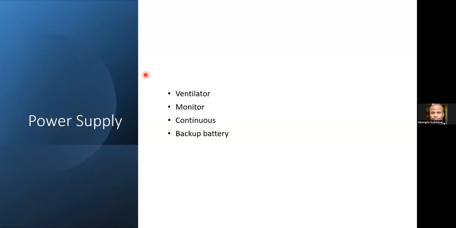So that is why an anesthetic machine should always be connected to uninterrupted power supply. There are plugs in the hospital that, even if power goes, as soon as the UPS or backup kicks in, those plugs will have power supply.